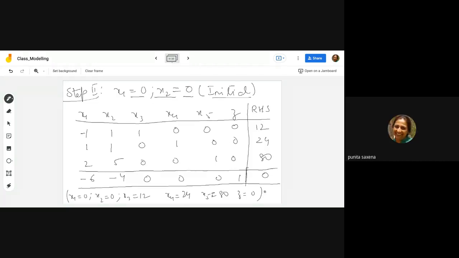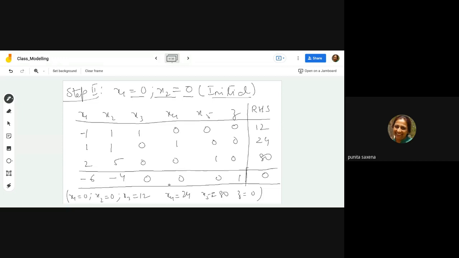Right? So when we move over to the next point, that means we are trying to move to the next intersection point. Now that intersection point can be of two constraints. It can be an intersection point of some axis and one constraint. If it's a point on the x1 axis, obviously it's an intersection between the x1 axis and some constraint, or an intersection of the x2 axis with some constraint, or an intersection between any two constraints. So that means we have to move on.